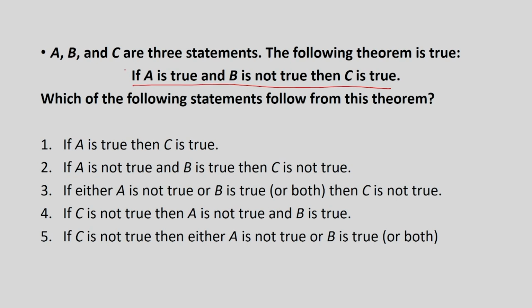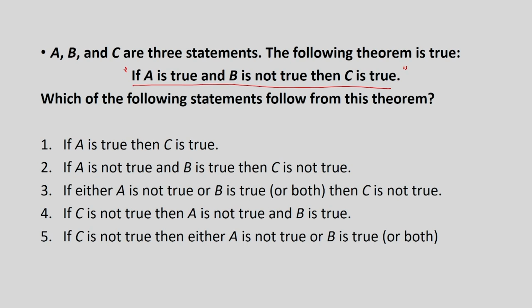So, this is a theorem which is given to us, and this theorem is correct, it is a valid theorem. Which of the following statements follow from this theorem? Okay, so that is the question, and there are 5 options which are given to us. We have to find out which of them actually follow from this theorem.